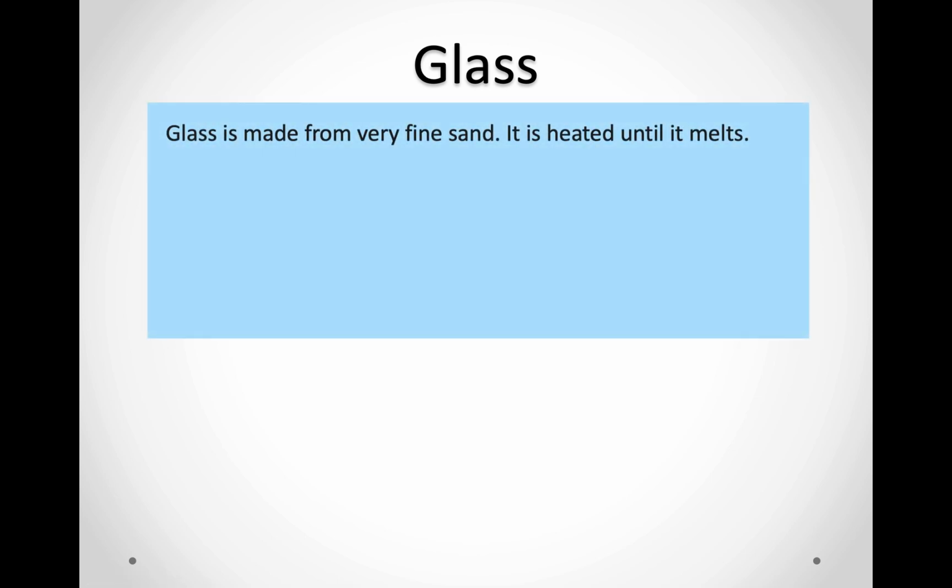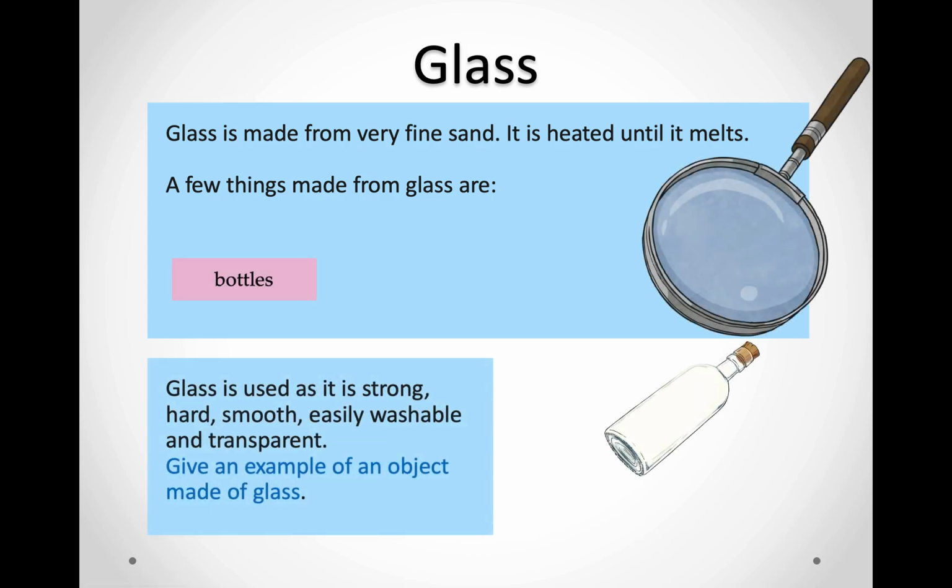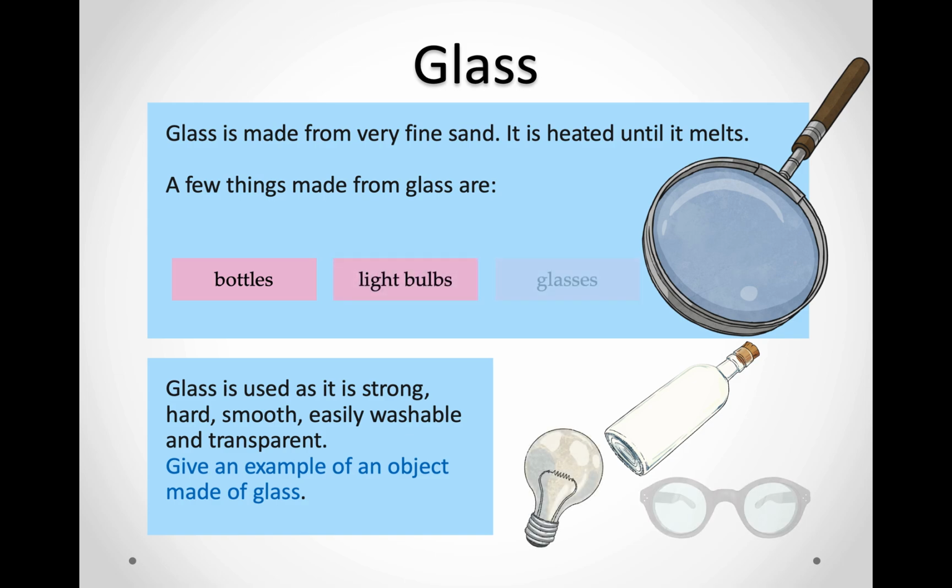Our next material is glass. Glass is made from very fine sand and it is heated until it melts. A few things made from glass are bottles, light bulbs, and glasses. Glass is used as it is very strong and can be washed easily.